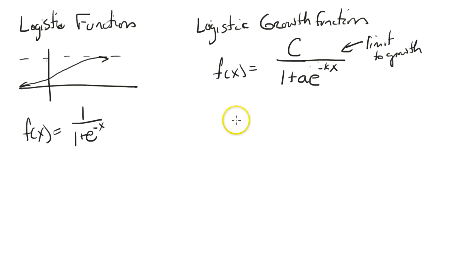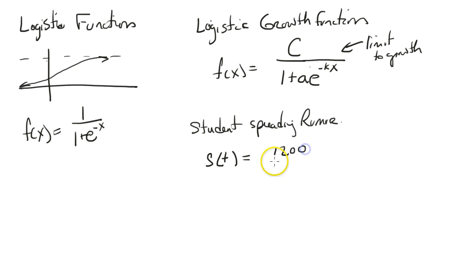So let's do a question for this. This was an example in your book, and it says students spreading rumors. S is for students, T is the number of days, and they somehow come up with this formula: 1200 over 1 plus 39 e to the negative 0.9 t.